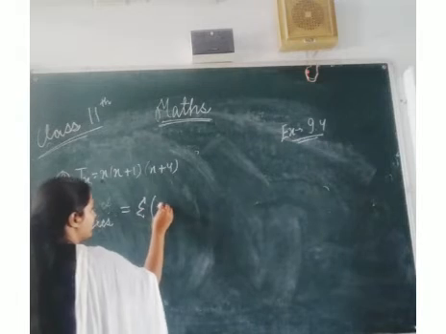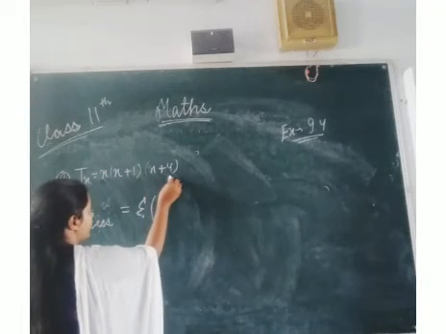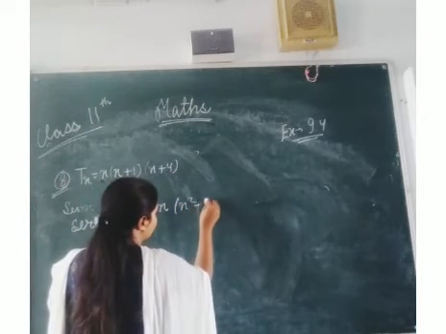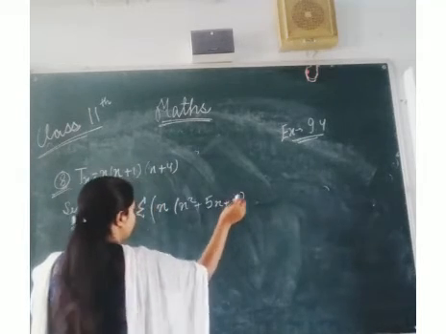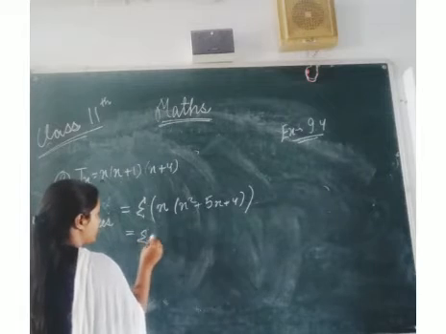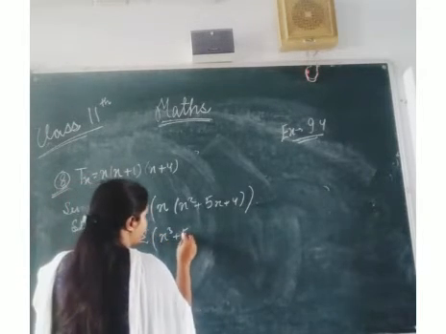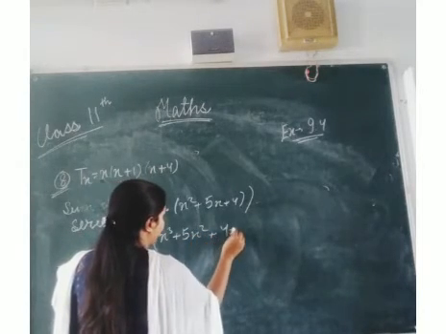So keeping summation outside, in the bracket it becomes n into n square plus 5n plus 4. That is equal to summation n cube plus 5 n square plus 4n.